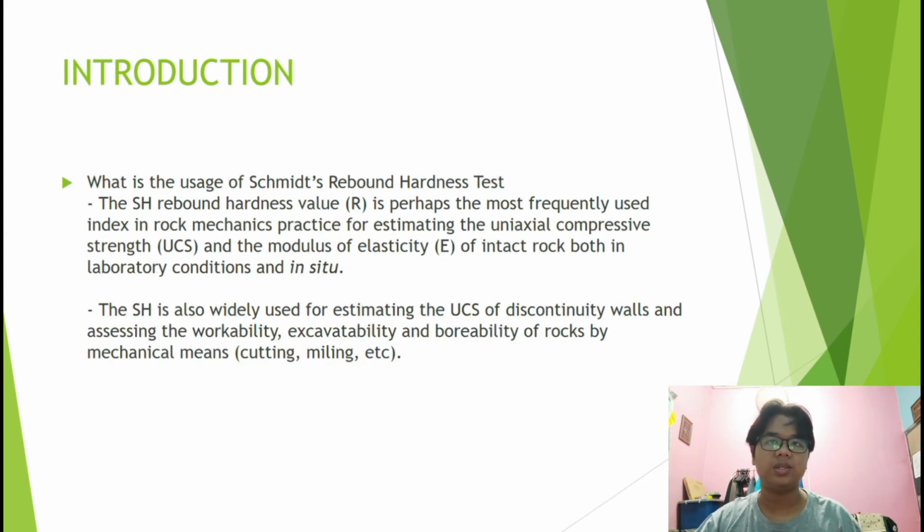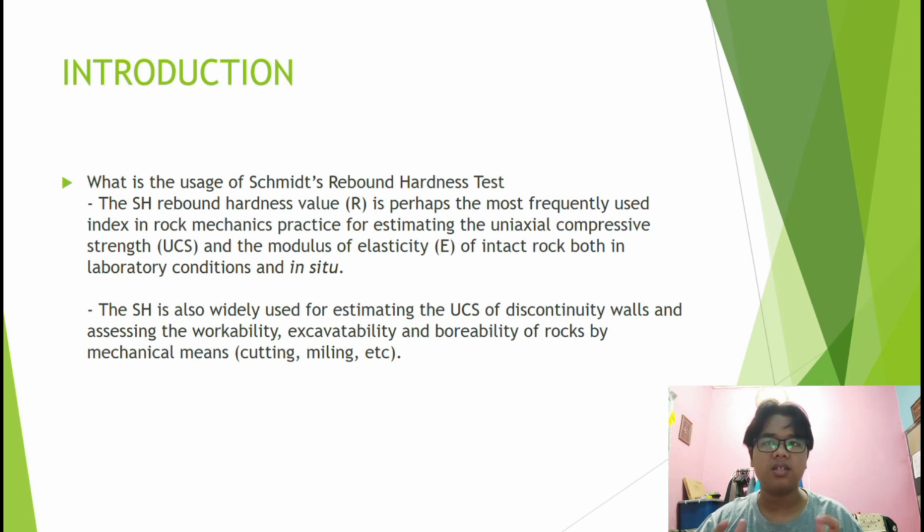What is the usage of the Schmidt's hammer rebound hardness test? The Schmidt's hammer rebound hardness value, which is R, is perhaps the most frequently used index in rock mechanics practice for estimating the uniaxial compressive strength, which is UCS, and the modulus of elasticity, which is E, of intact rock, both in laboratory conditions and in situ.